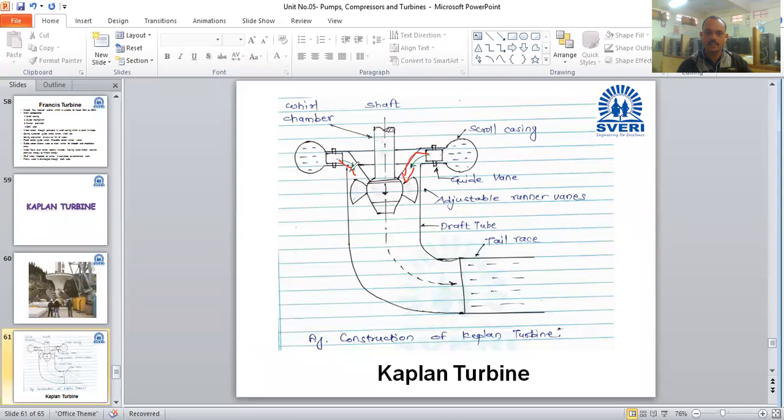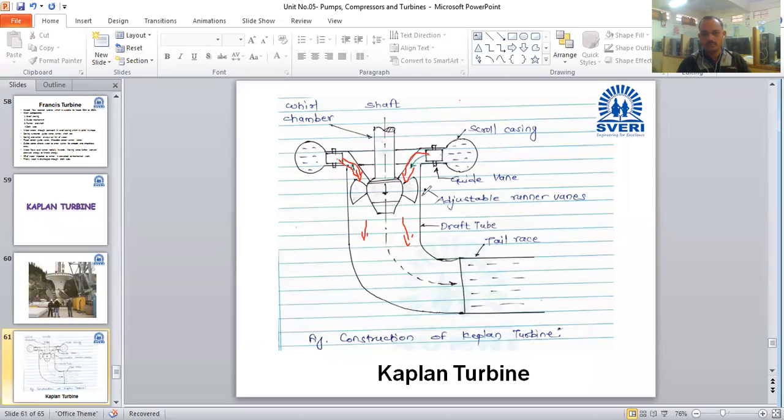So water enters here axially. Water enters axially, which contains pressure energy. In this there is only pressure energy, because it was not traveling from a height. And it leaves axially also. So this turbine is an axial flow turbine. These turbines are axial flow turbines.